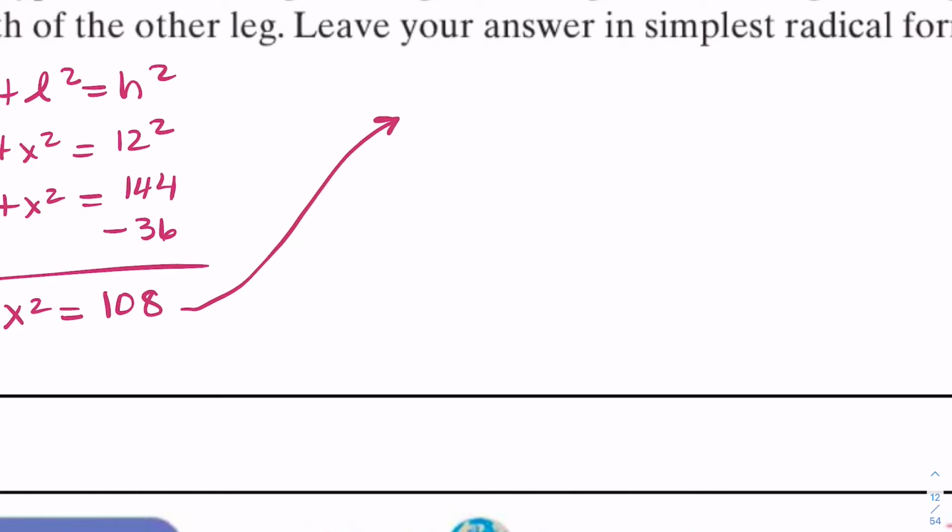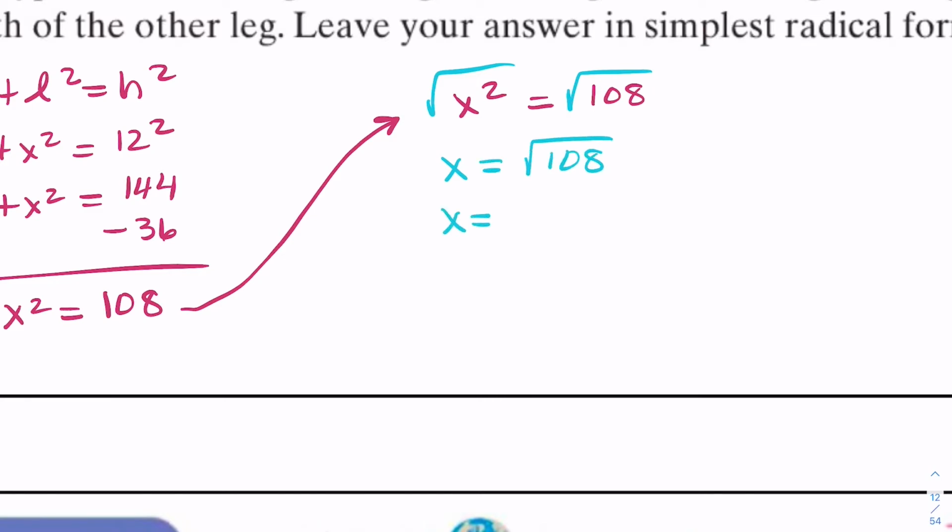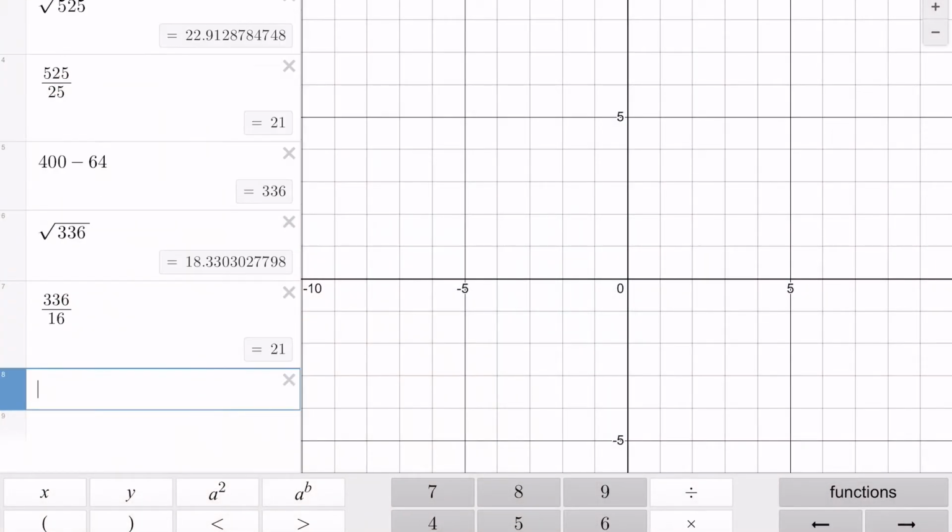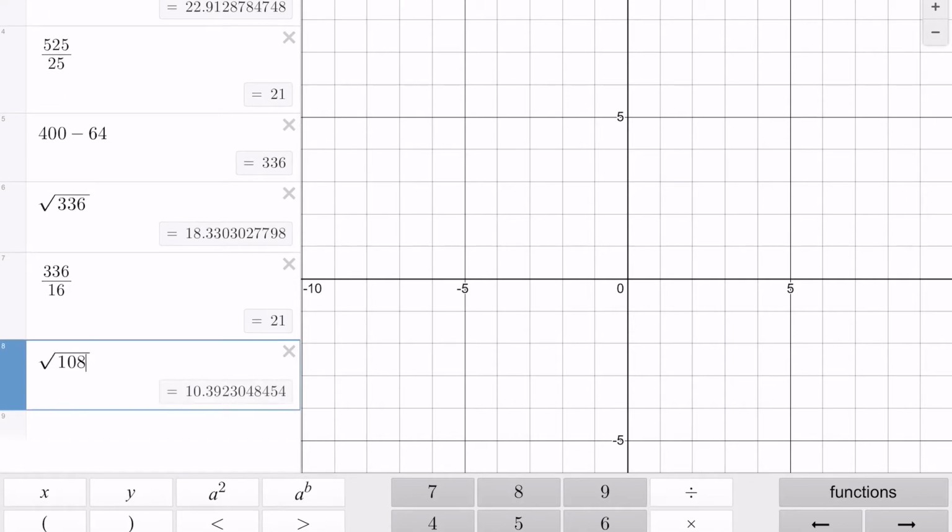I'm thinking this is not a perfect square. So I'm going to have x equals the square root of 108. And so x is equal to, let's break 108 down. Right, you can check it. Square root of 108, you see it's not a perfect square.